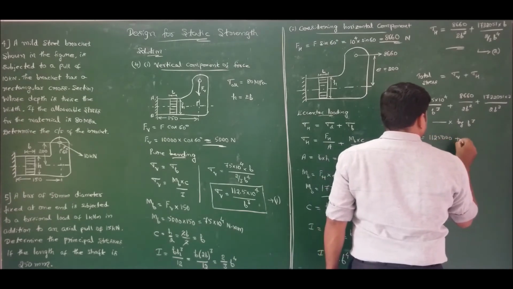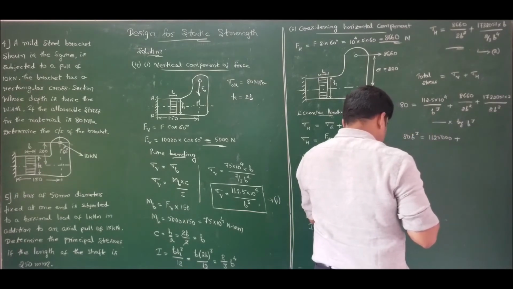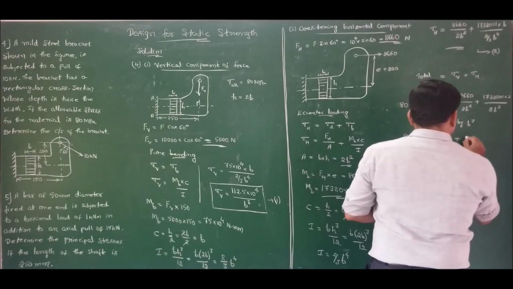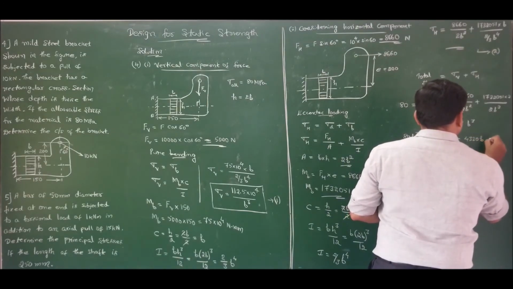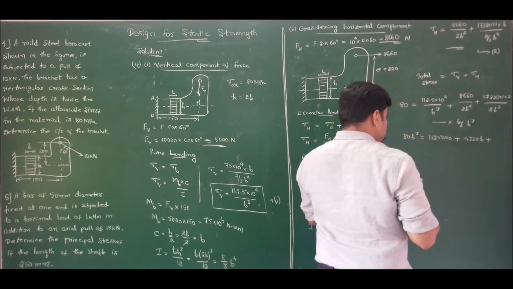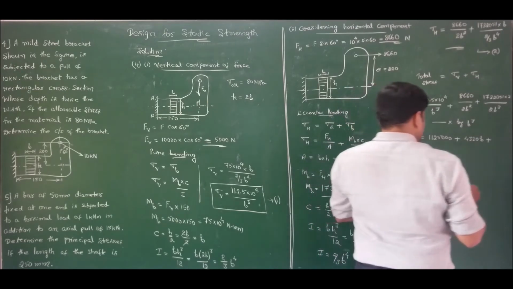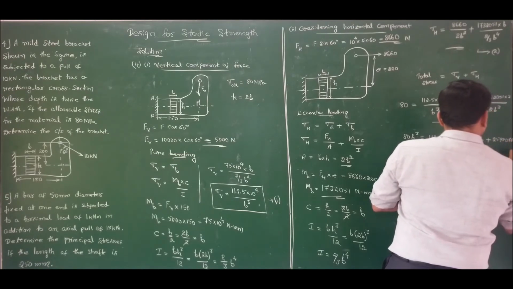1125000 plus 8660 by 2, which is 4330 b, plus 1732051 into 3 by 2, which is equal to 2598077.